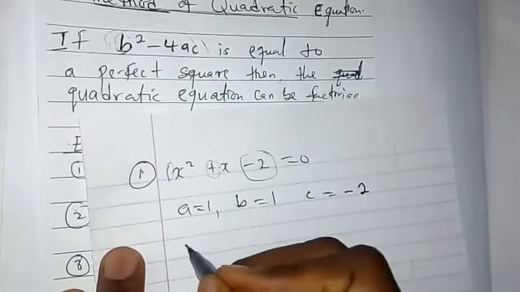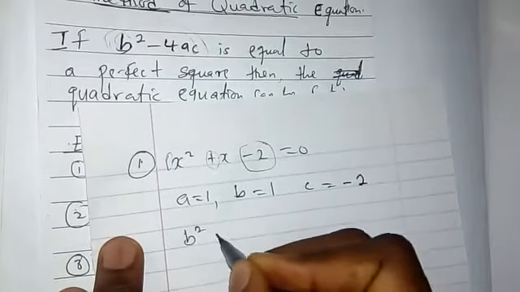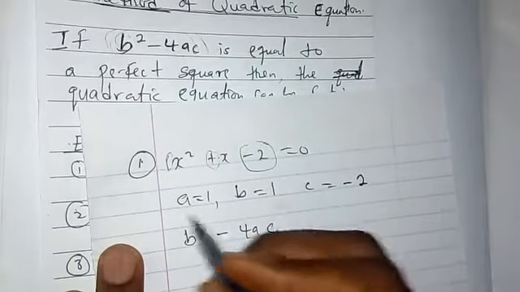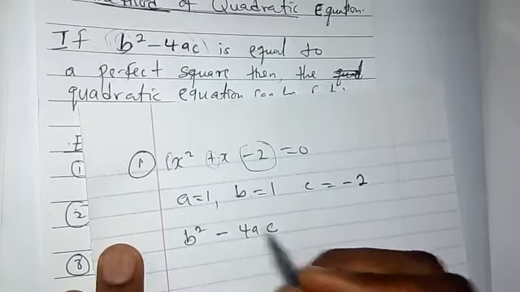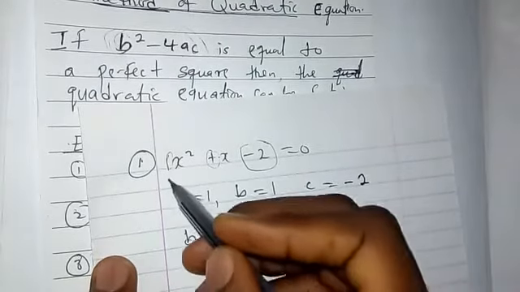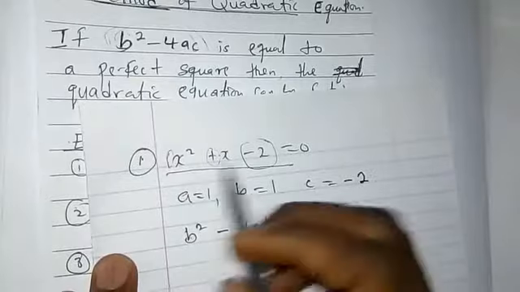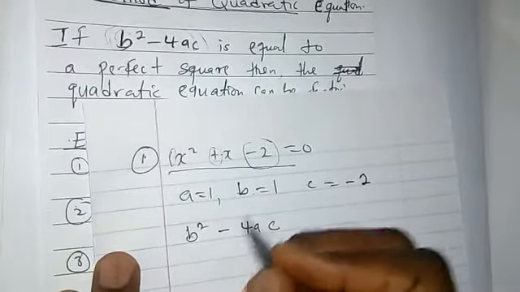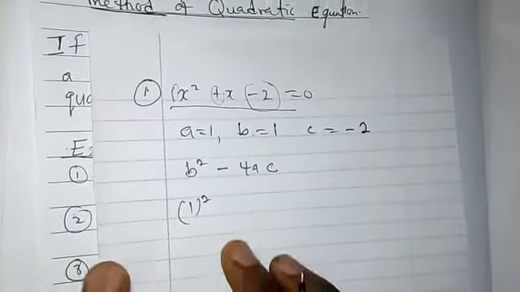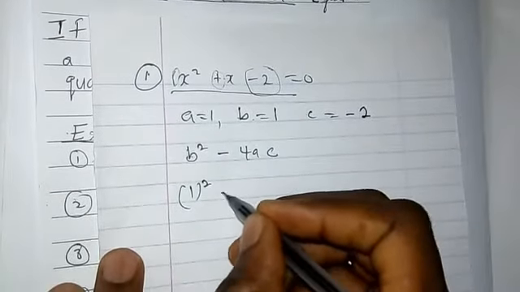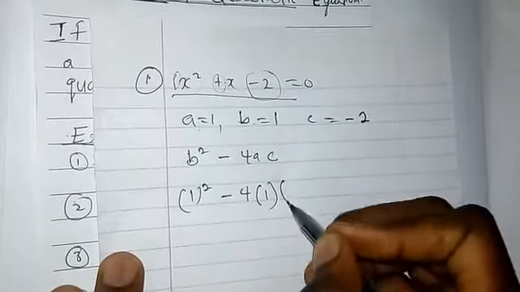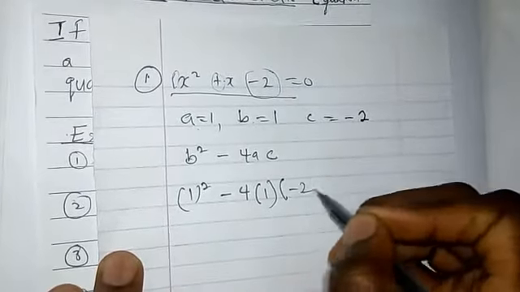So we have b squared minus 4ac. Let's input a, b, c here. If it gives us a perfect square number, then we can use the factorization method to simplify this quadratic equation. So we have b squared, which is 1 squared, which is 1, minus 4 times a, which is 1, times c, which is minus 2.